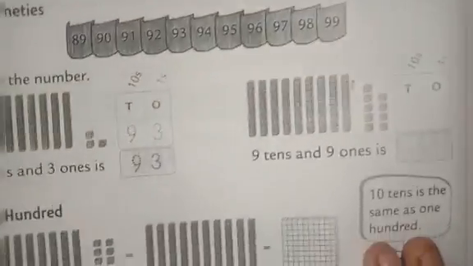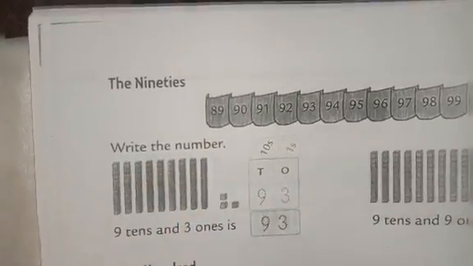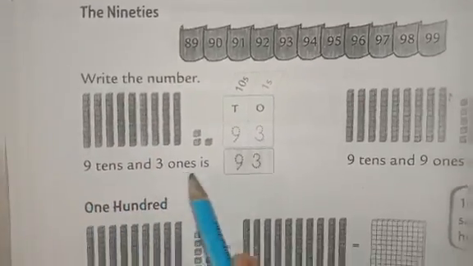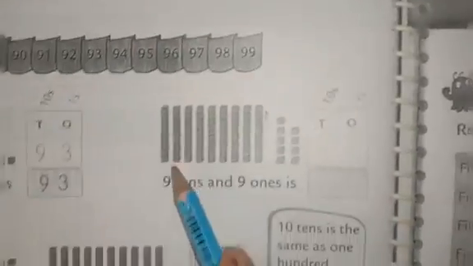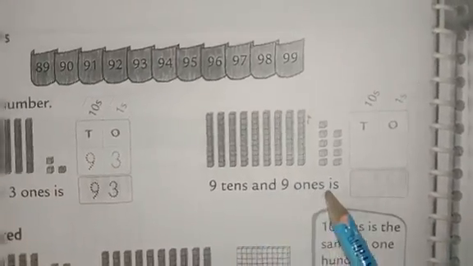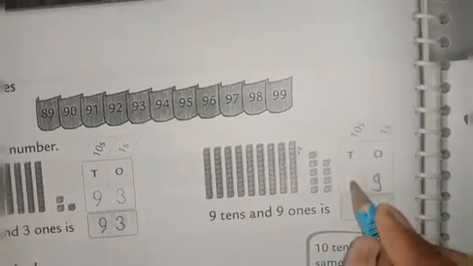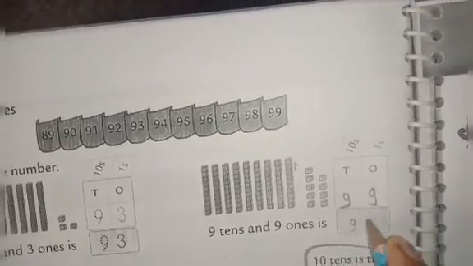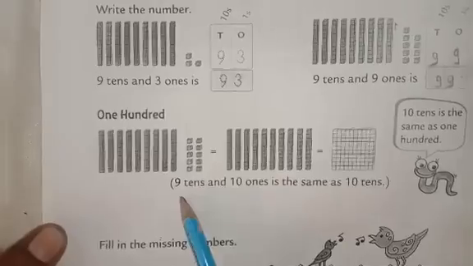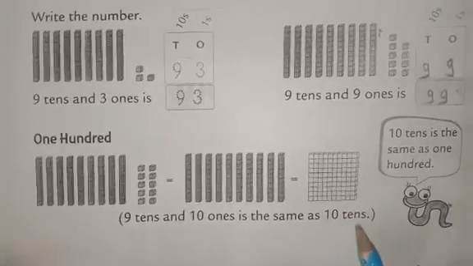Then the 90s. Question is, write the number. 9 tens and 3 ones is number 93. Then second is 9 tens and 9 ones. We write down 9 on ones place and 9 on tens place. What number becomes? 99. And the 100. 9 tens and 10 ones is the same as 10 tens.